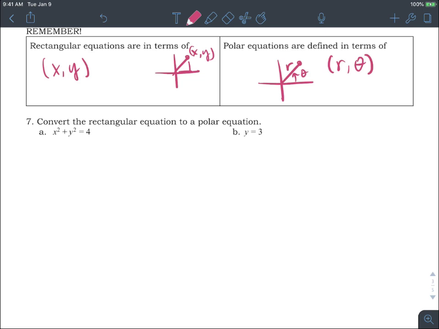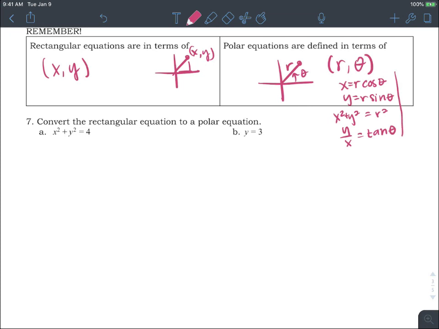Some of the important equation conversions that we can remember is that x is equal to r cosine theta, y is equal to r sine theta, x squared plus y squared is equal to r squared, and then y over x is equal to the tangent of theta.